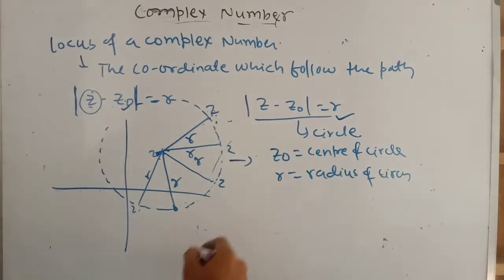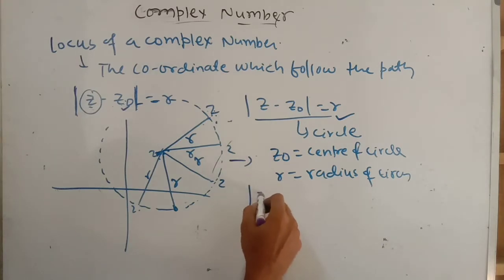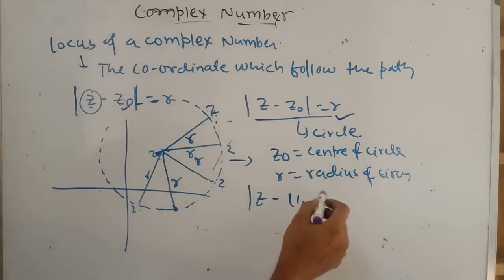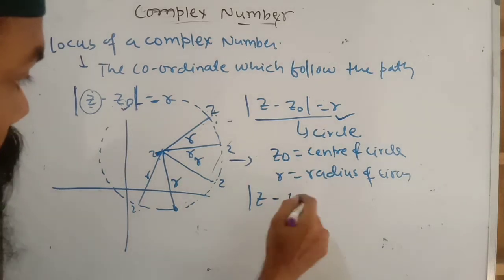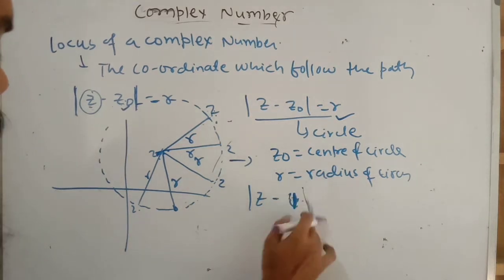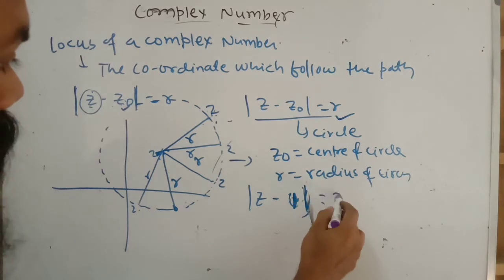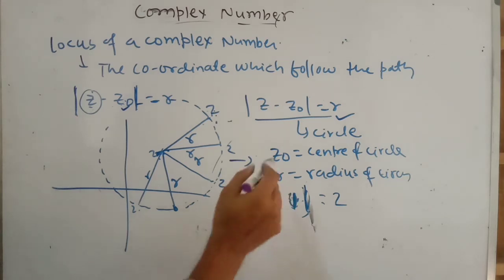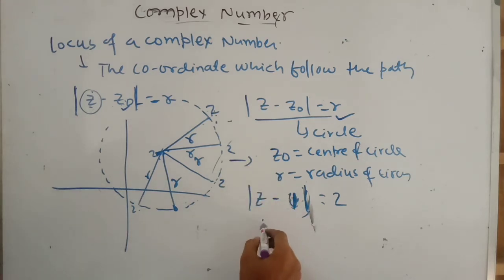So that means if, for example, modulus of z minus 1 equals 2, then the distance of z from 1, this complex number you can represent as 1 plus i0. So the real part is 1 and the imaginary part is 0.